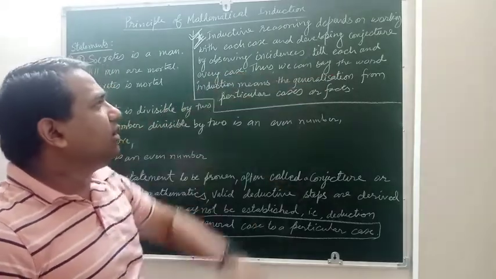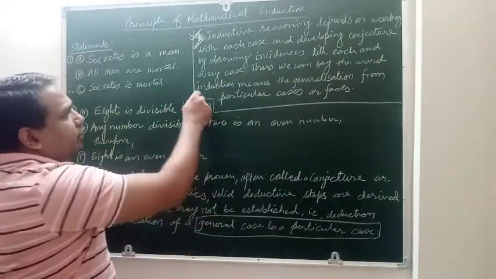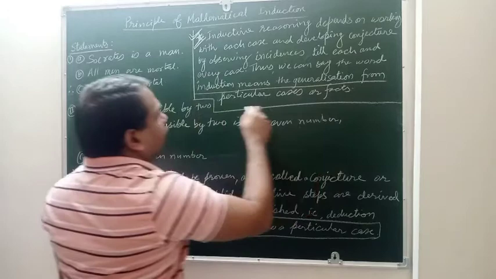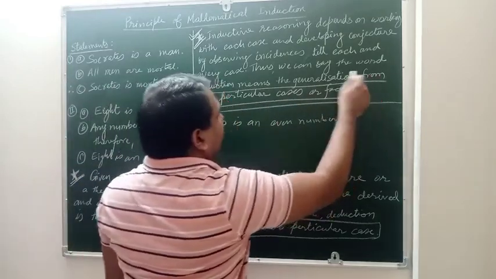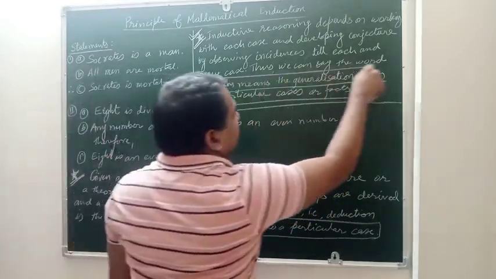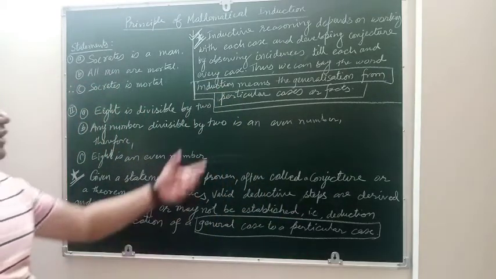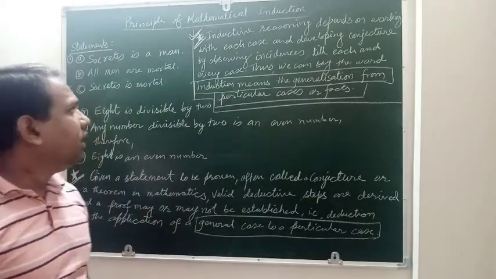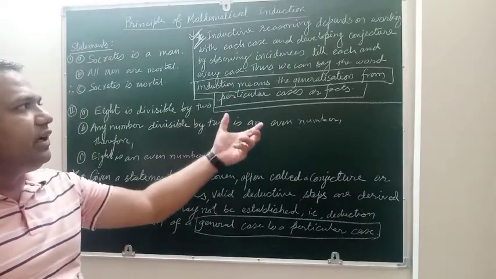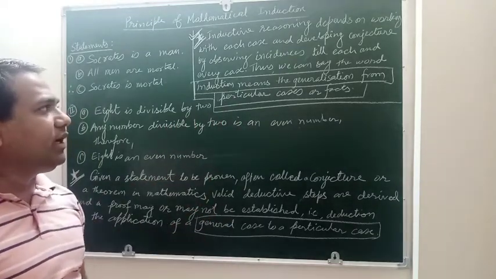Thus we can say the word induction means generalization from a particular case or fact. This is a very important thing. The entire chapter is based on this phenomenon only: induction means the generalization from a particular case or fact.